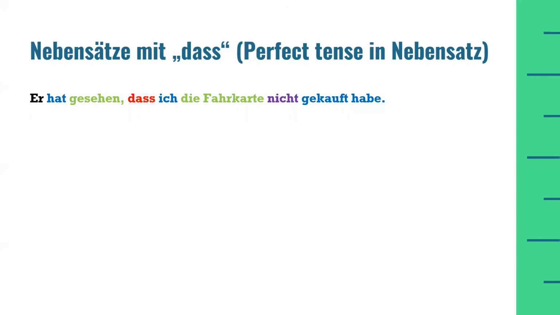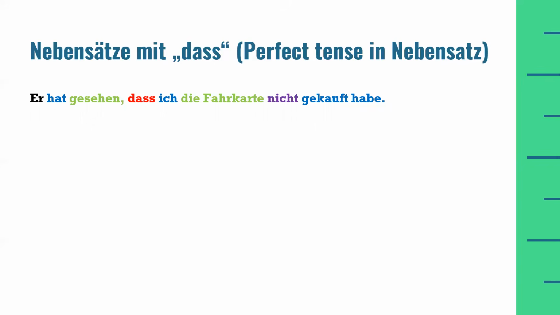And here we have followed the same sentence structure that we learned in the A1 level of the German language course, where we were learning the perfect tense. Now, look at the Nebensatz. What has he seen? Dass ich die Fahrkarte nicht gekauft habe. That I haven't purchased the ticket.